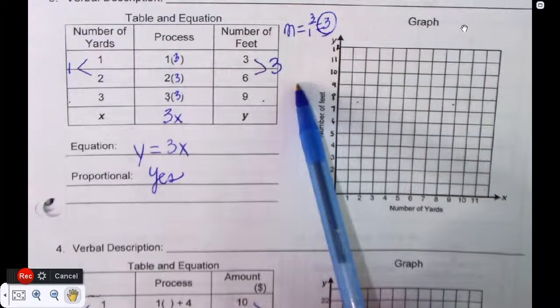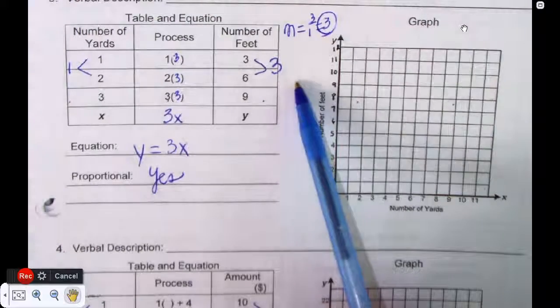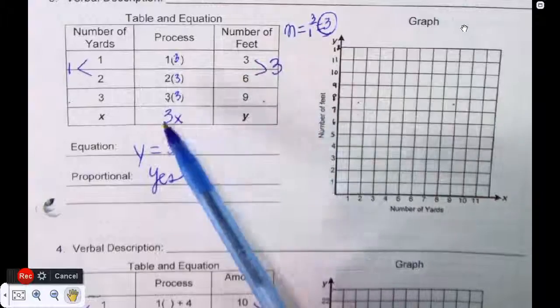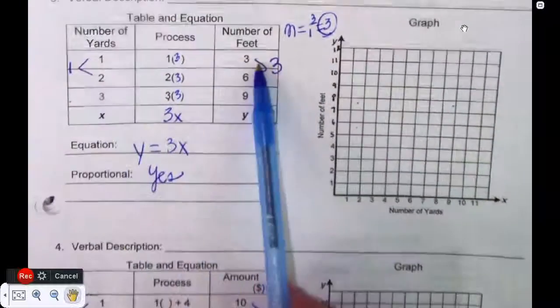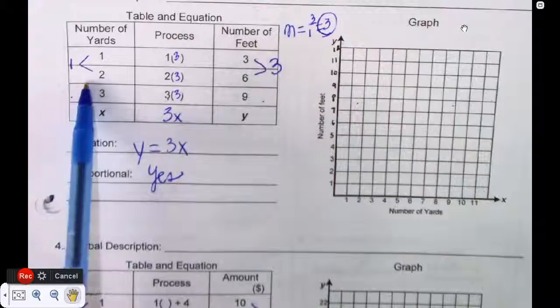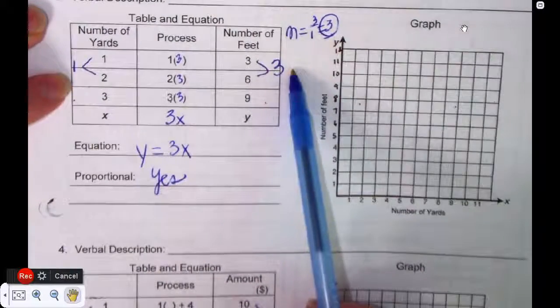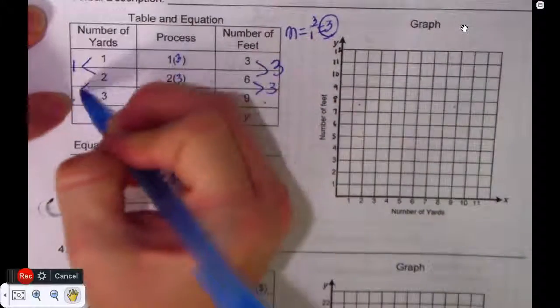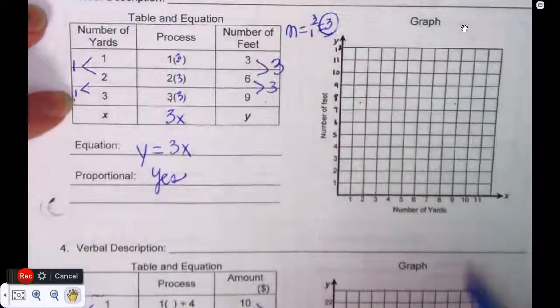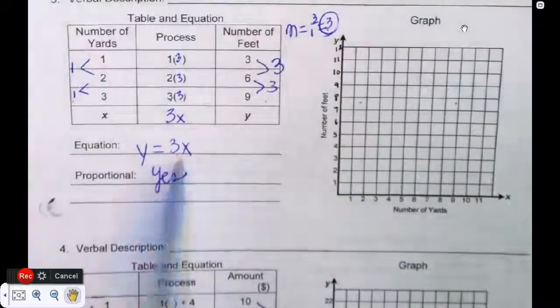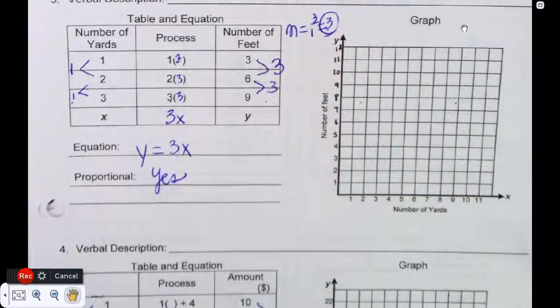No, linear. Why is it linear? Why do you know for sure it's linear right now? There is a rate. Everybody say it. Rate of change. Guys, there is a rate of change right here. That goes up 3, that goes up 1. So there's a rate of change, so we know it's linear. But, guys, looking at the equation, raise your hand when you know why it's proportional. Looking at the equation.